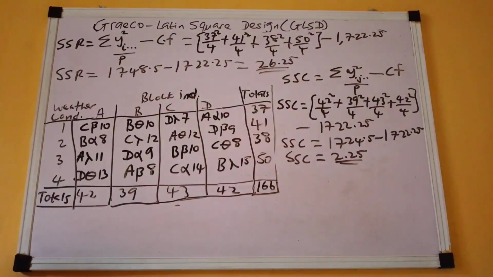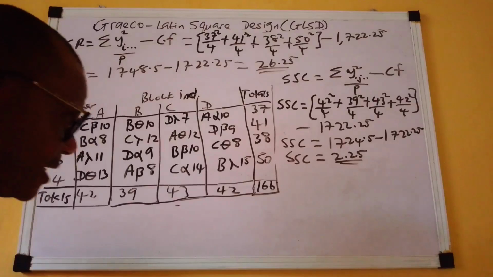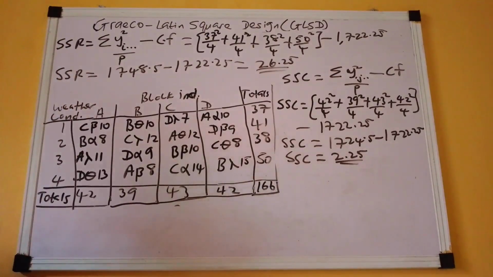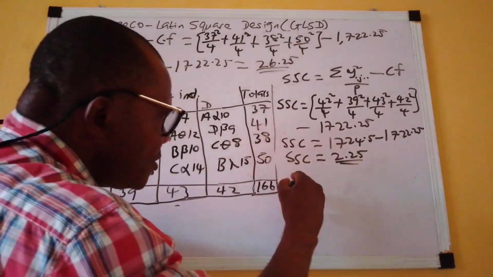Now, the next thing is to calculate our sum of squares for the Latin letters. The sum of squares for the Latin letters is simple. So we'll come here.